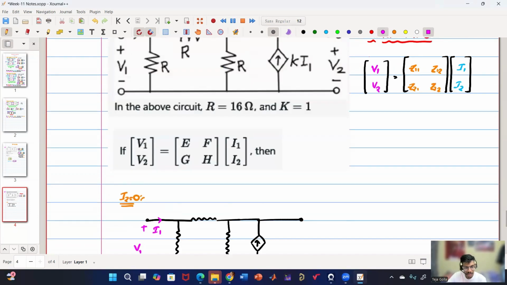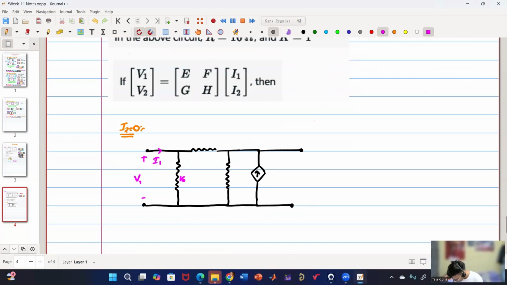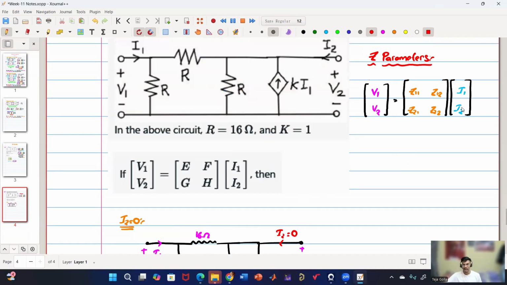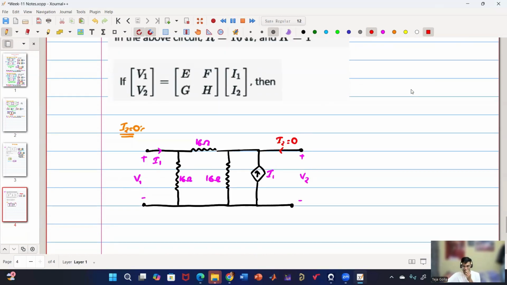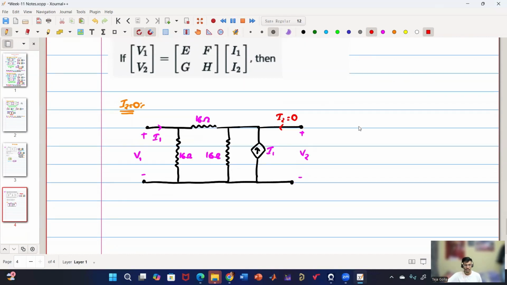And the resistors, how much have they given? 16 ohm, 16 ohm, 16 ohm. K is 1. So this is I1. And this is plus minus V2. And I2 is equal to 0. Okay. So basically, when I2 is 0, I have to calculate V1 in terms of I1 as well as V2 in terms of I1. So how are we going to proceed? Anyone, any idea?